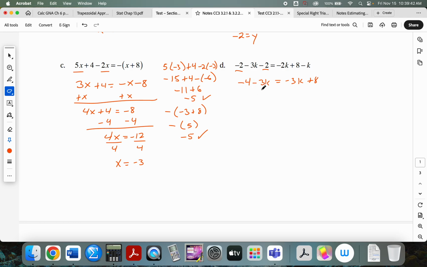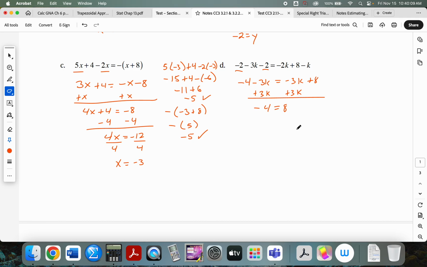I want to get rid of the negative on the variable part, so I'll add 3k to both sides. And I get negative 4 is equal to 8. I swear to you, every year when we do this, I'll put one like that on a quiz and someone will tell me that the answer is negative 2 because they divided both sides by negative 4.